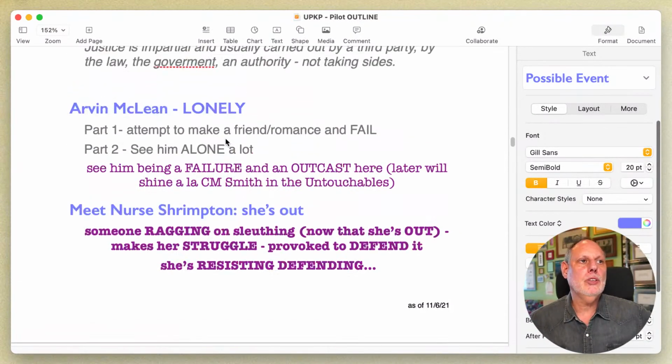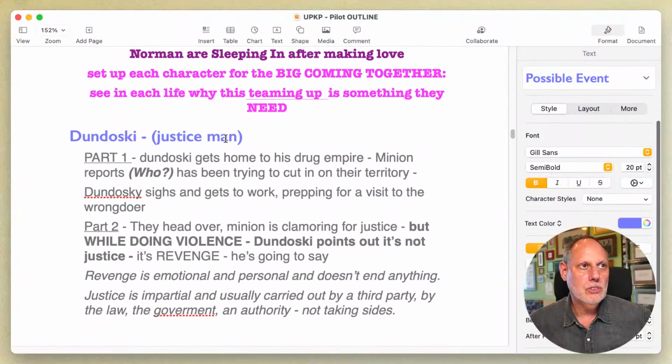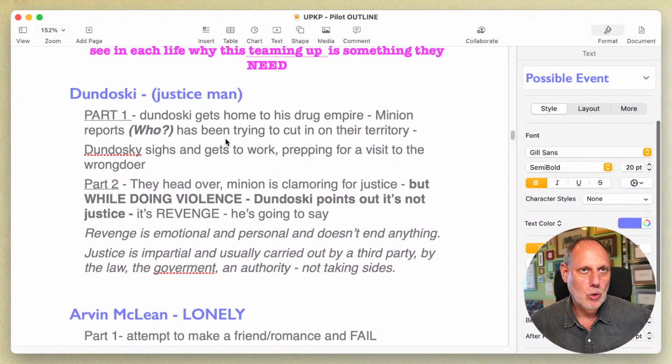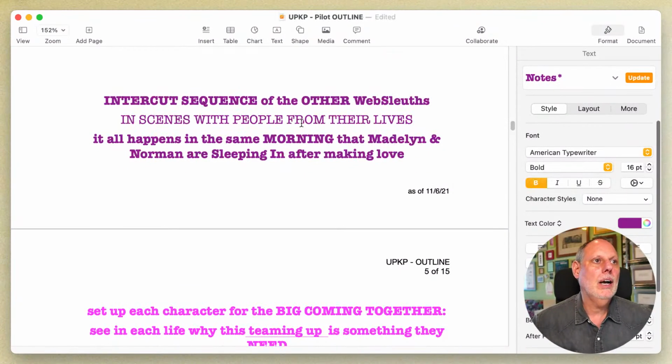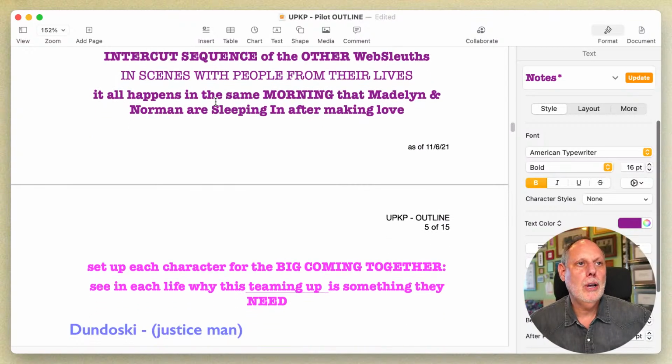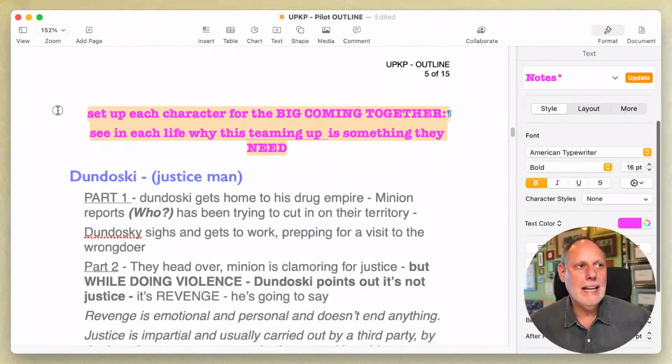What we are doing is going through this sequence. It's intercutting the other web sleuths, in which we are setting them up for the big coming together. This is an interesting thing.